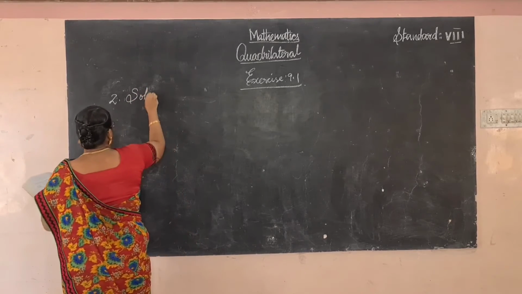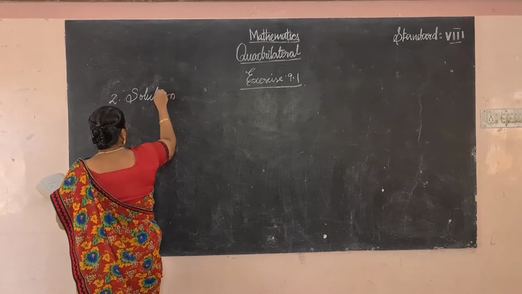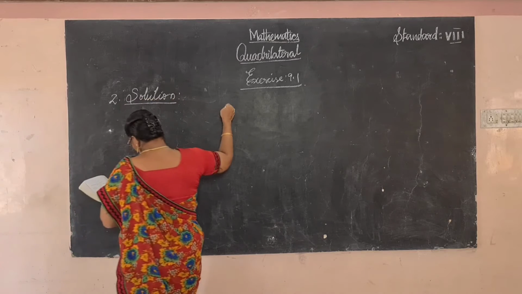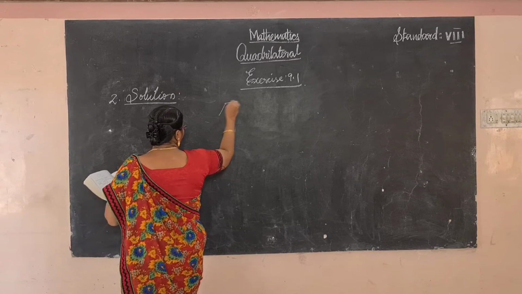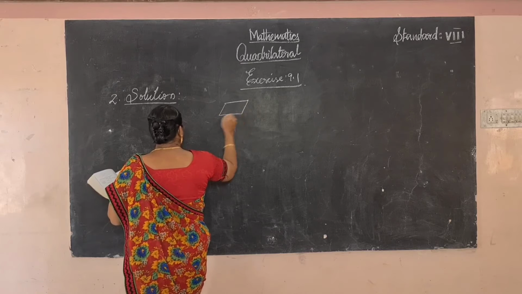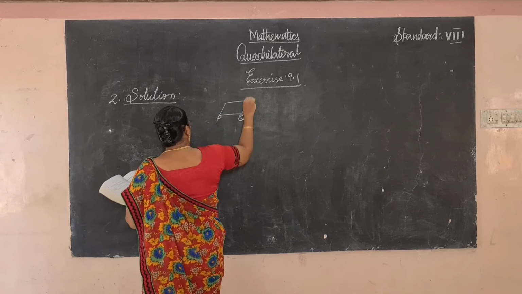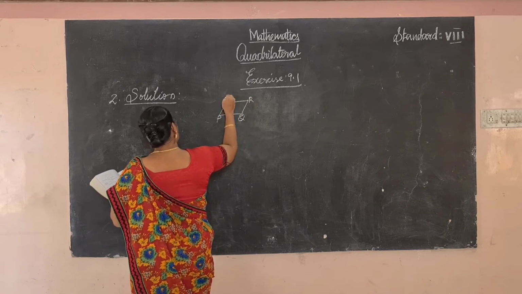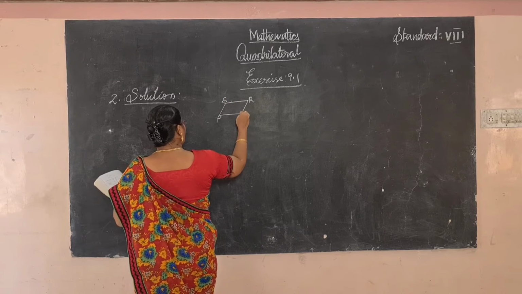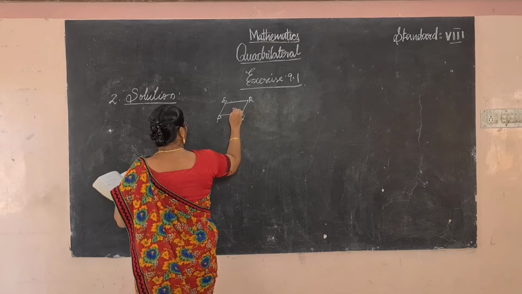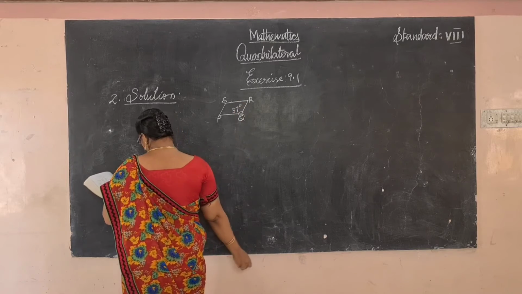Solution. First I will draw the rough diagram for your understanding. Okay, so first, a parallelogram PQRS is given, and then the Q value was given as 37 degrees.